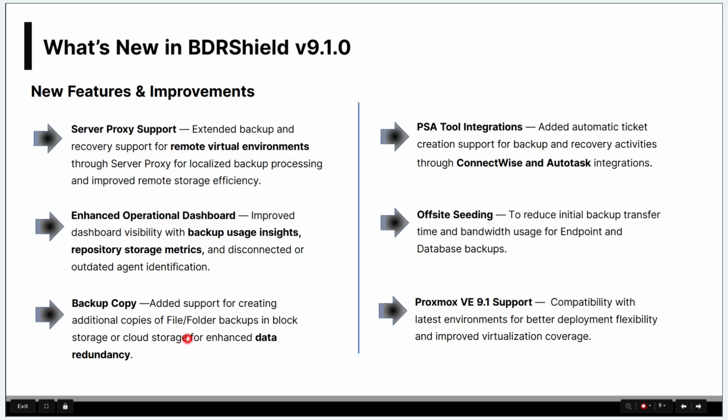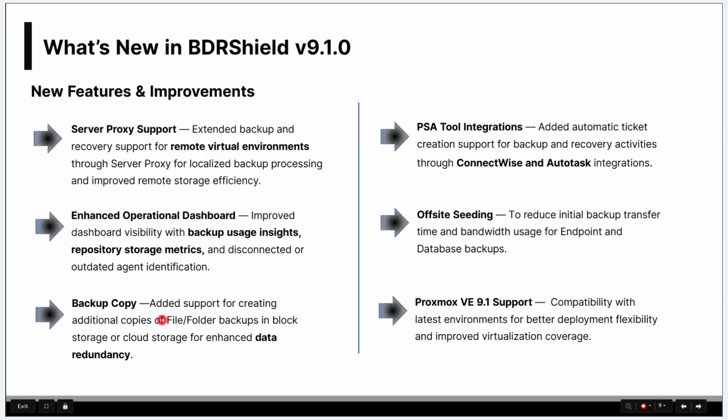In the on-prem management console, we did support backup copy for image-based backups, VM-level backups, and so on. But now we have also provided it for granular-level backups, that is, file and folder level backups also.